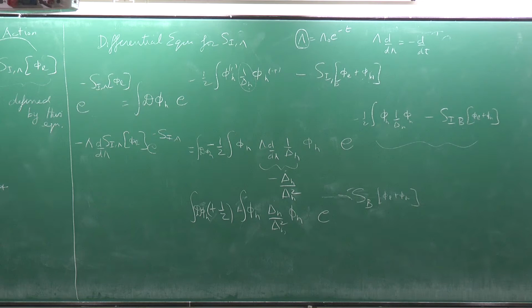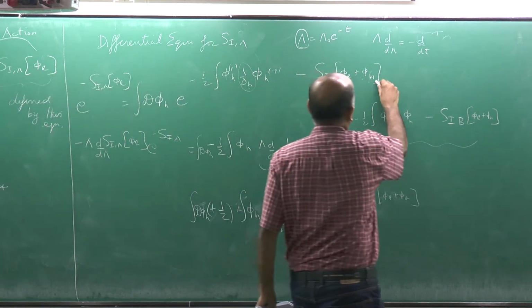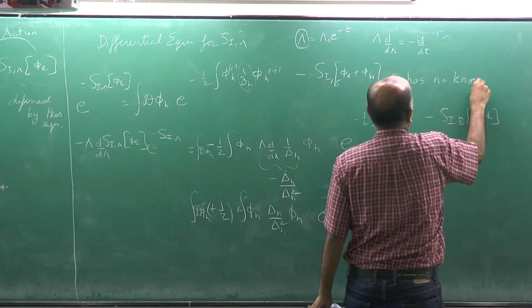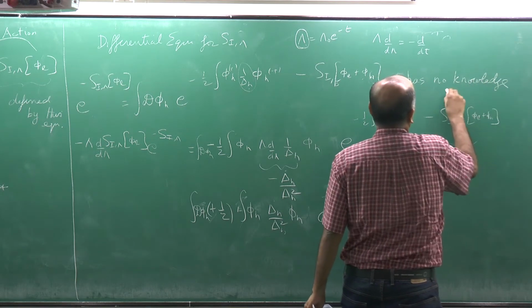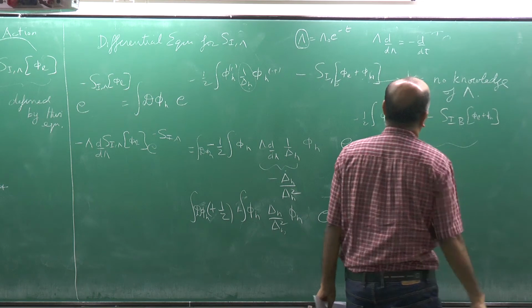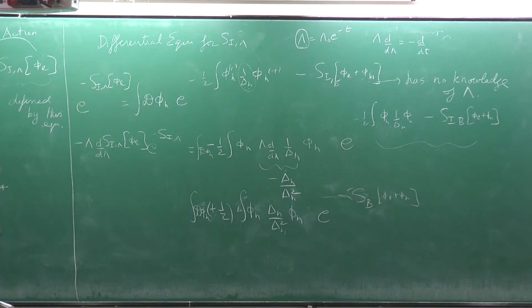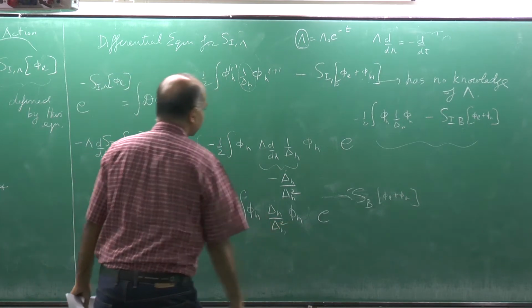Then you're just integrating all these modes up to lambda, and then you see what happens when you change this lambda. This is held fixed. That's a good question. So SB is held fixed, it has no knowledge of lambda naught. That's the derivative.